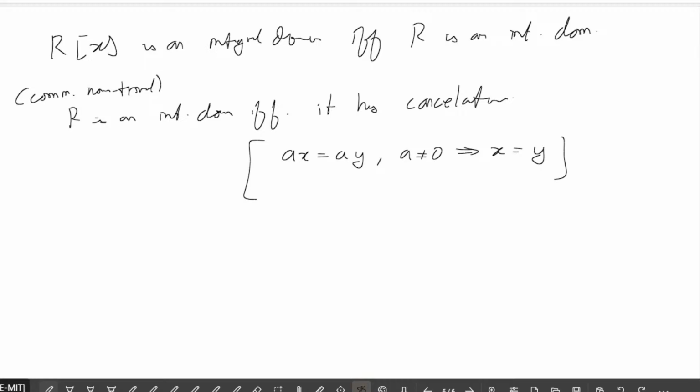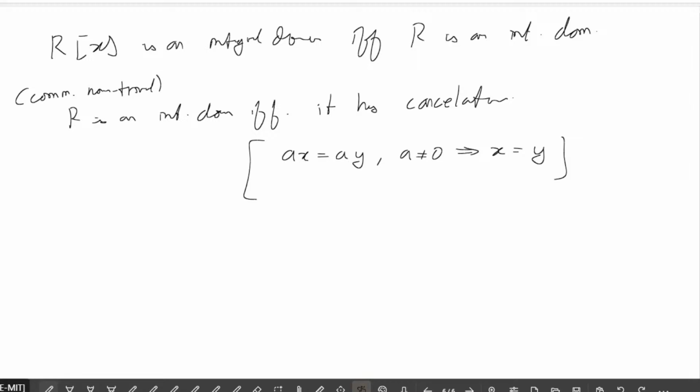From this you can immediately see that any finite integral domain must be a field. We already proved something in groups, or rather outlined the proof, something stronger: a finite cancellative semigroup is a group.